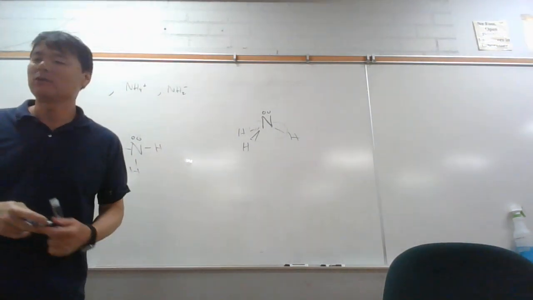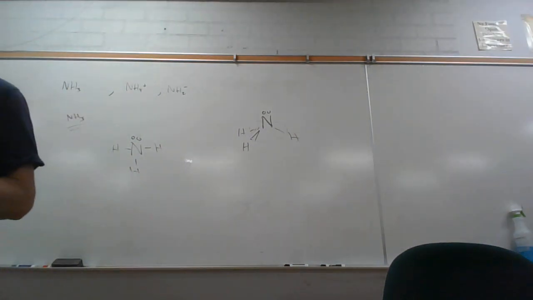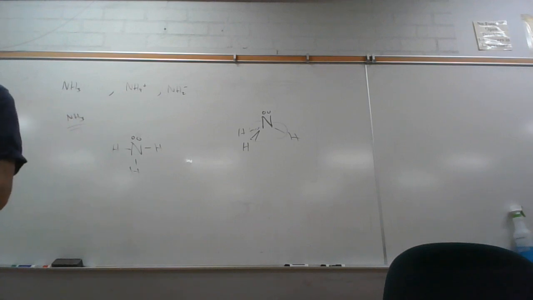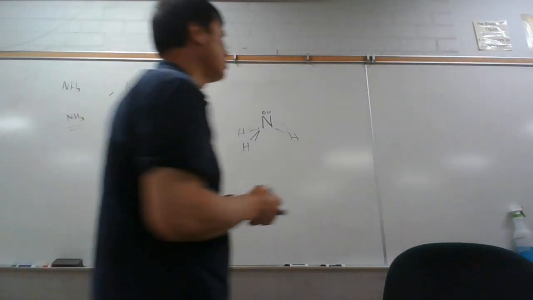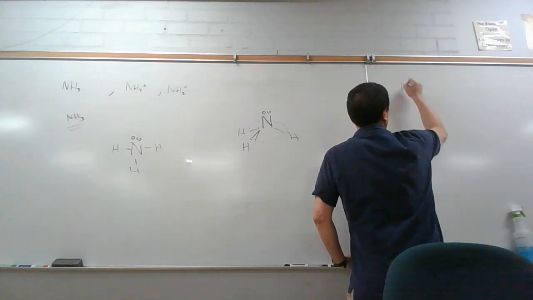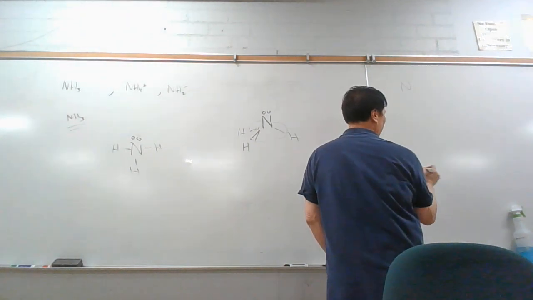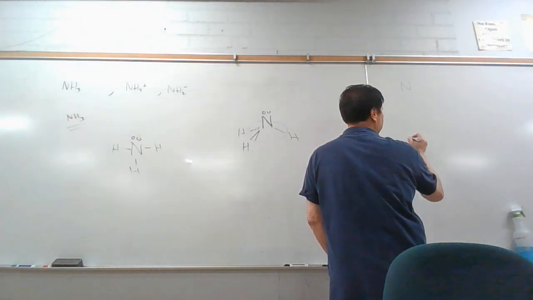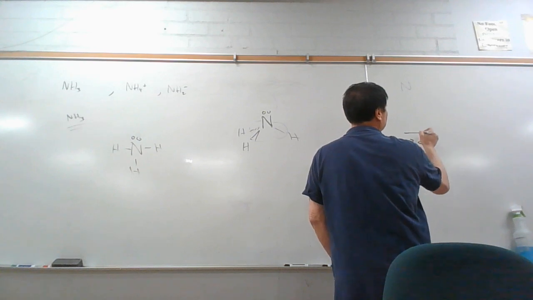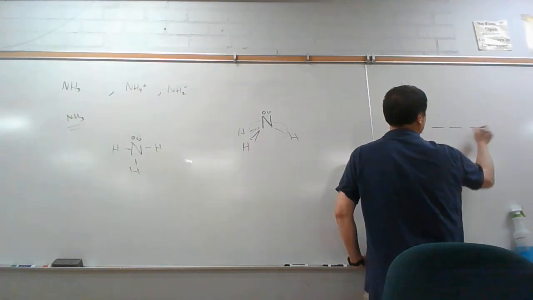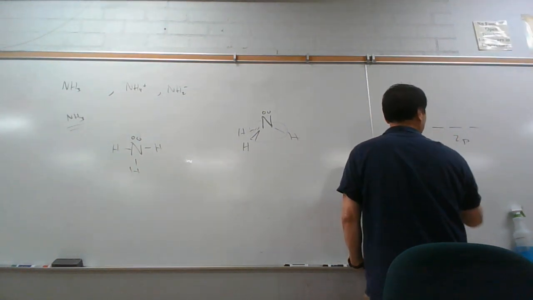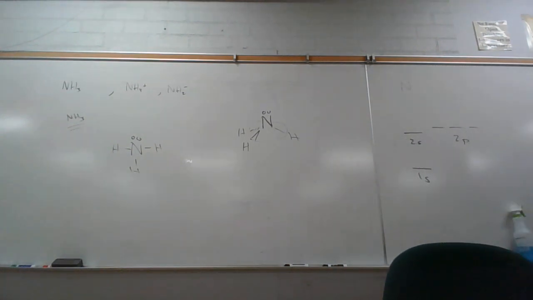Now, what orbitals are we going to have that are in the tetrahedral arrangement? Let's take a look at the orbitals we have so far for nitrogen: 1s, 2s, 2p. How many electrons does nitrogen have? 7.